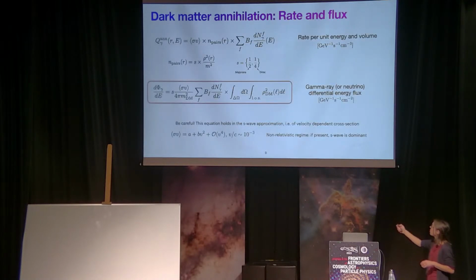You can always rewrite your rate, right? The rate is your rate per unit energy and volume. So whatever model you have, you can rewrite this rate in such a way that it matches, of course, your model expectation. And this comes only from the integral of the rate over the solid angle and the isotropic emission hypothesis.